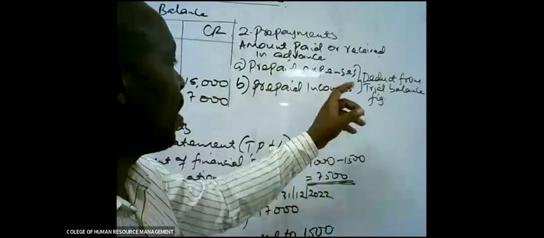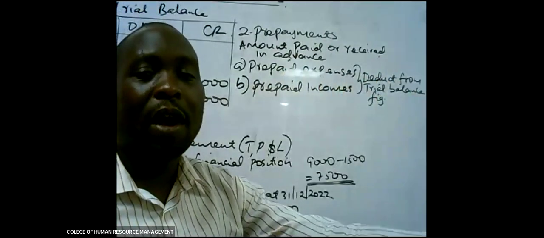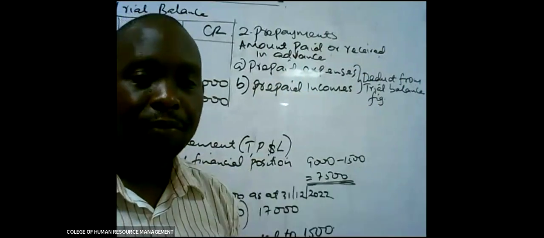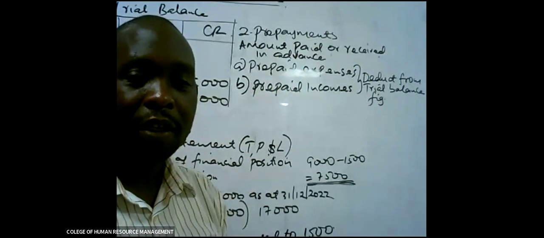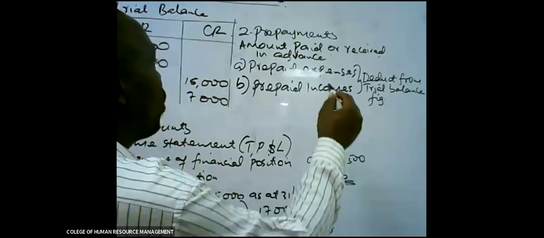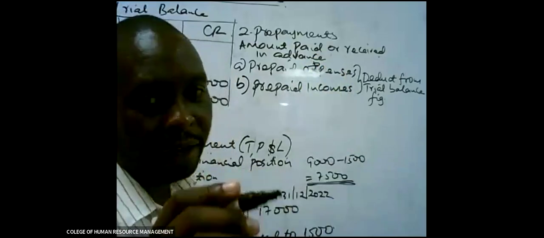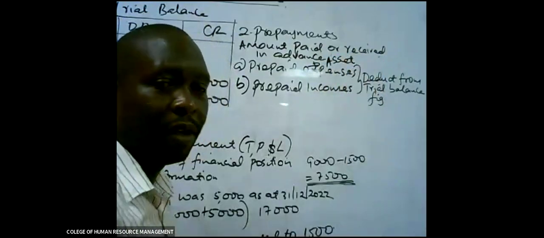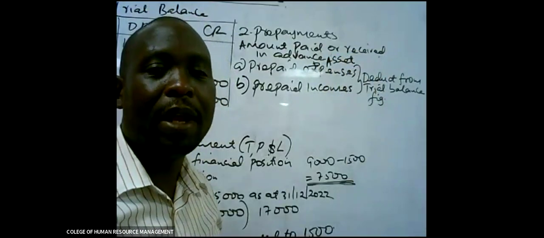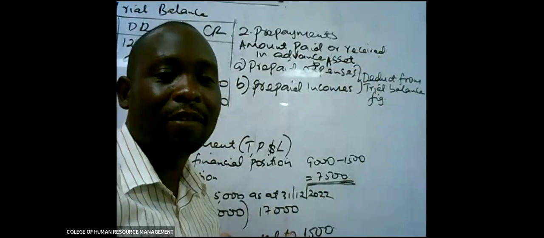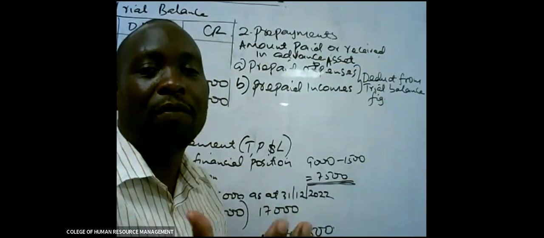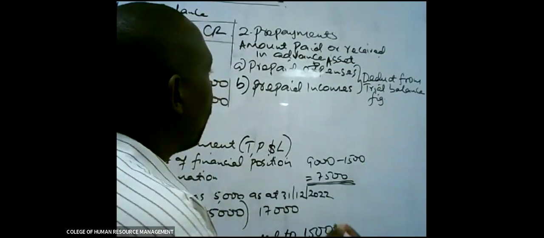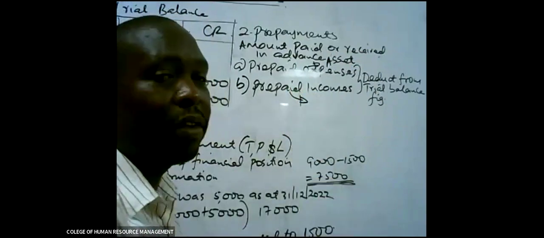So for prepaid expense, remember we have said it's an expense that we have paid in excess or in advance. Obviously, that amount, because it is our money not utilized, is going to be an asset to us. We have paid, but we have paid excess. That excess, it is like we are supposed to be refunded. So it is our money. It is an asset.